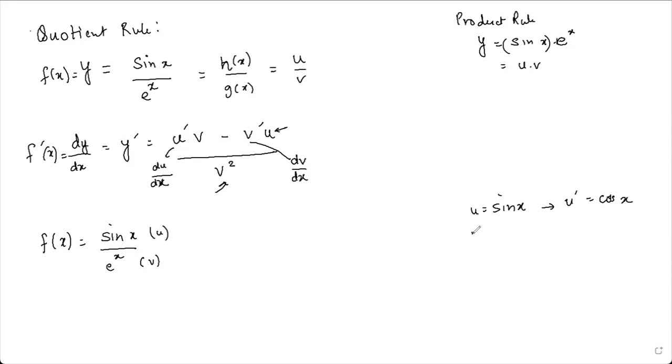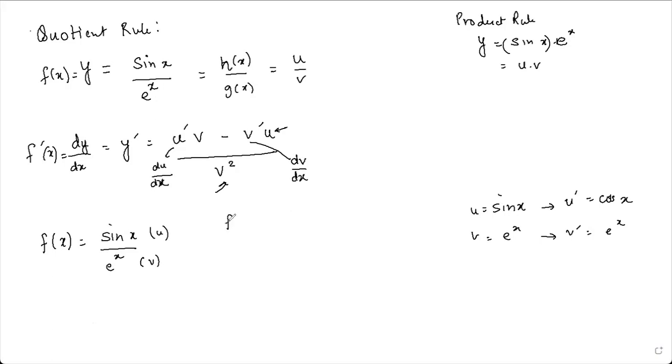And if v is e to the power x, then v prime is e to the power x also. Now we have u prime and v prime. All we need to do is put this in the formula in the correct place.